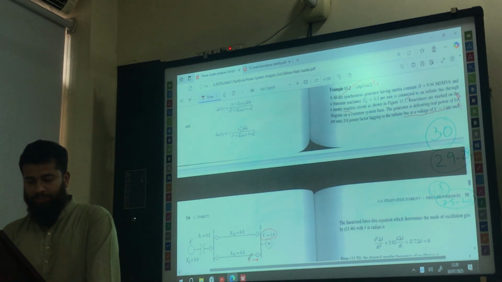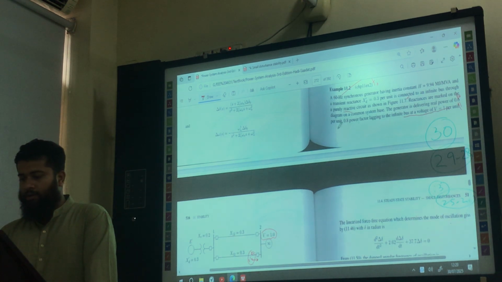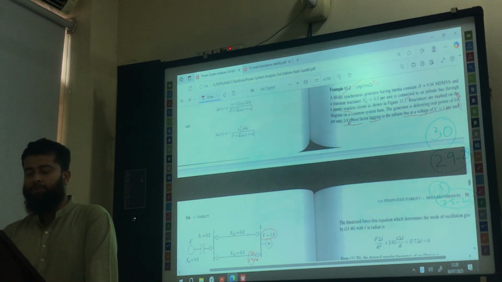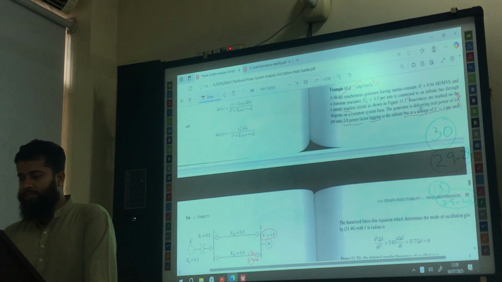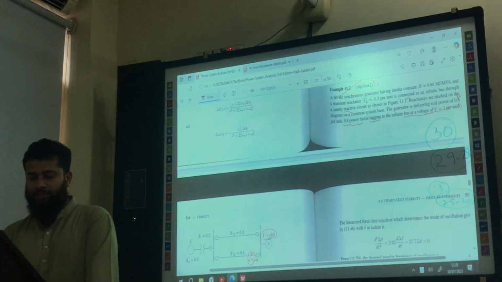So this is 0.6 PE, the real power, at 0.8 power factor lagging. From this you can calculate the power factor angle as well, right? To the infinite bus at a voltage of V equals 1 per unit.